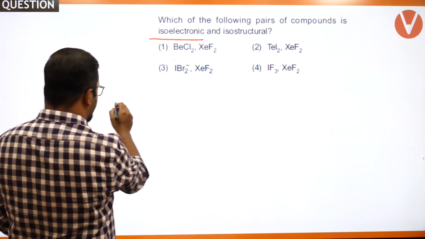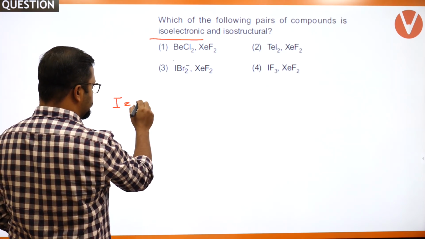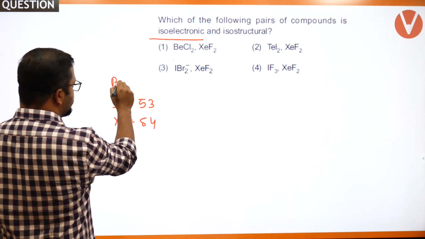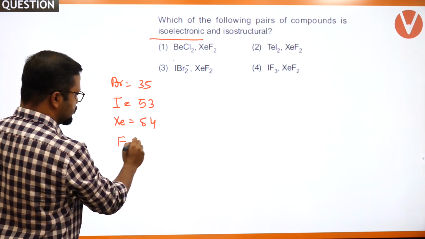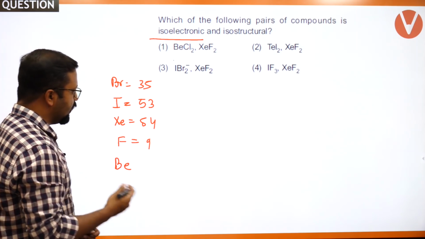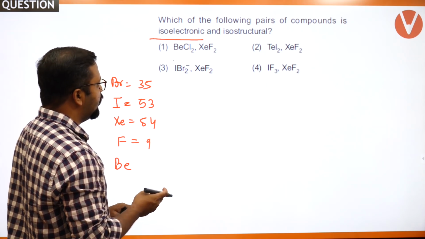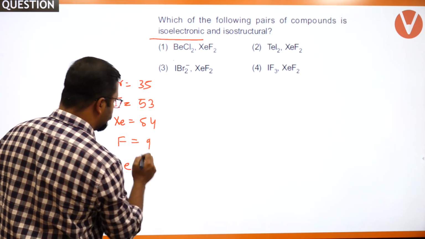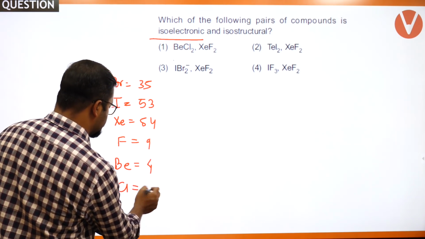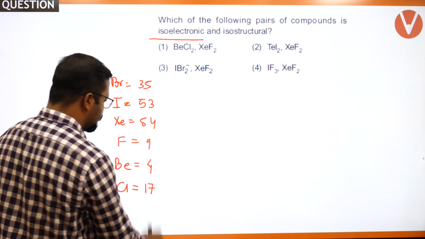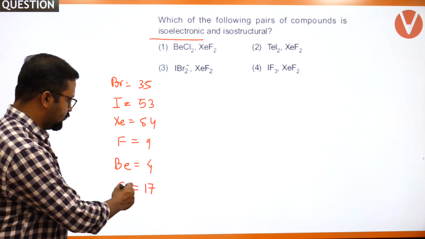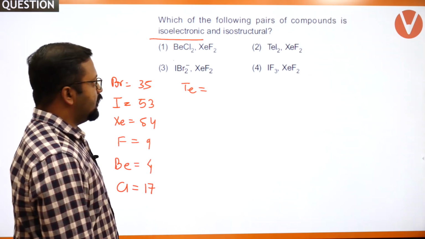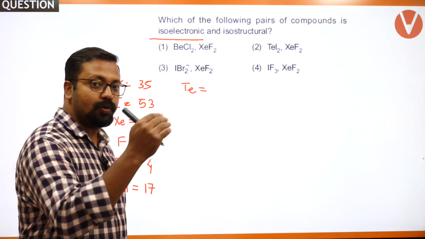So if I look at the atomic numbers, iodine is 53, xenon is 54, bromine is 35, fluorine is 9, beryllium is 4, chlorine is 17, and tellurium will come in the oxygen group, tellurium, polonium.